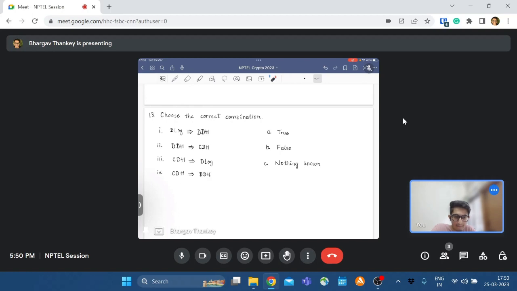Basically, no matter what the group is, does D log imply DDH, in option one? So is it true that if D log is hard, DDH is also hard?